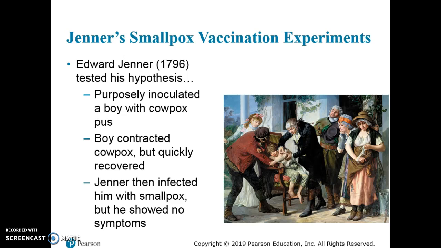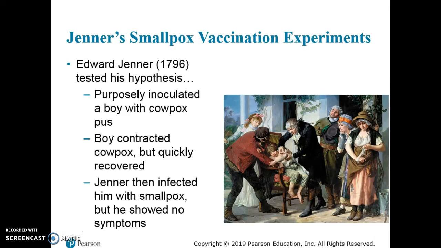And so Jenner suspected that with the prior cowpox infection, this led to protective immunity against smallpox. And so what he did was, like any good scientist, he tested his hypothesis that cowpox infection protected against smallpox. So he purposefully inoculated a boy, I believe he was 8 or 9 years old, with cowpox pus.